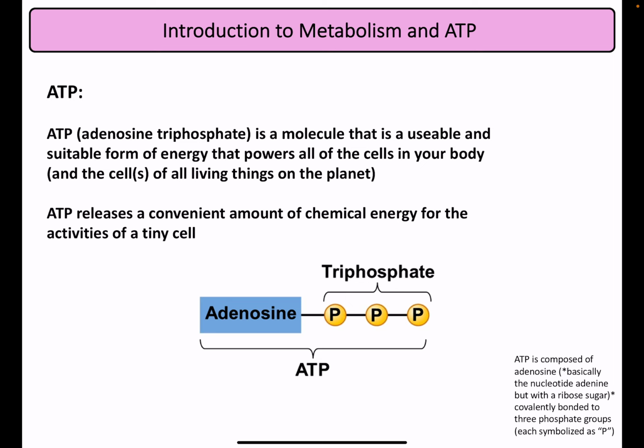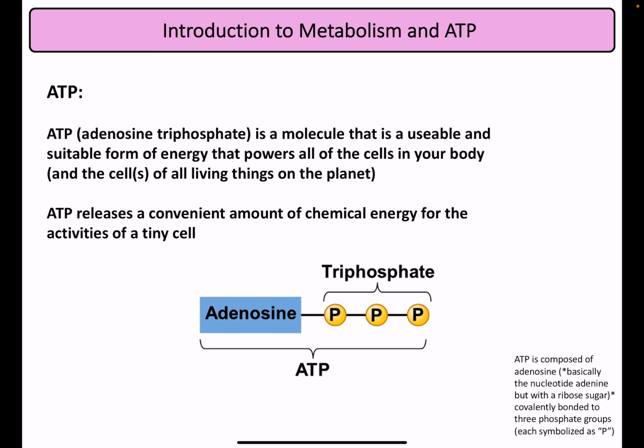There is nothing unique or special about ATP in terms of the amount of energy that it holds. Again, it just harnesses just the perfect amount of energy for the tiny activities of a little cell. So it's a convenient amount of energy.